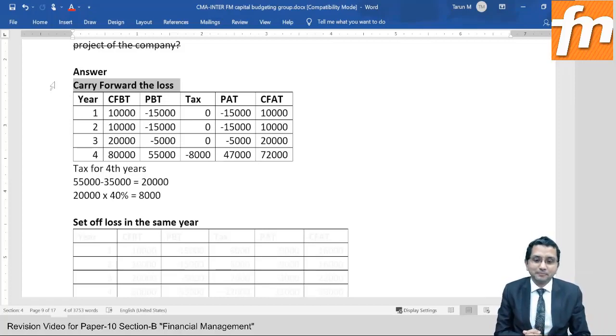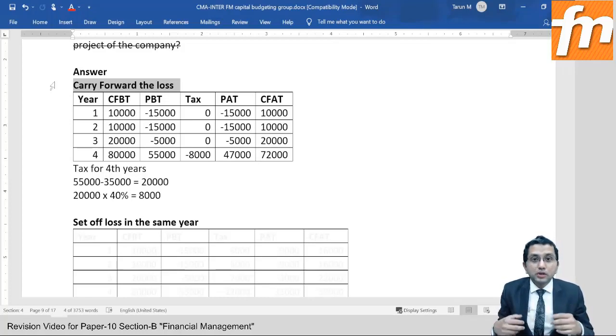What if I have one more existing business activity, and that activity is highly profitable? I'm running a business, it is highly profitable. Now I have one proposal under consideration for evaluation. This project is expected to give me losses.